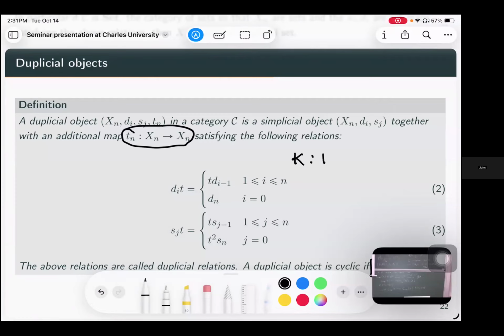Okay, I'll use D. So either I take this to be a contravariant functor from the duplicial category to, in this case, any category C, or I take this to be the covariant functor from the opposite of this very category to that. Now, the simplicial relations that he mentioned will all hold.